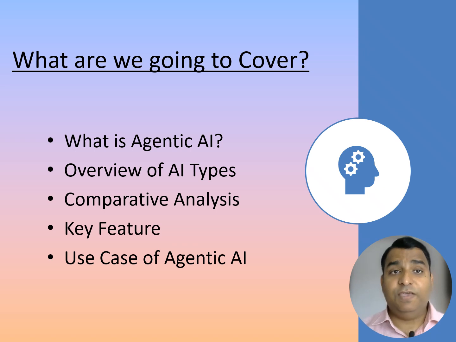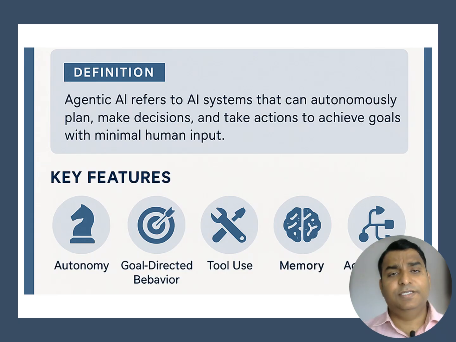Later we'll see the key features, highlighting the core capabilities of Gen AI and agentic AI, including its tool uses. Last but not least, we'll discuss the use cases of agentic AI. We will see some real-world applications such as autonomous research agents, agentic AI use cases in cybersecurity, business process automation and all. So let's first discuss what is agentic AI.